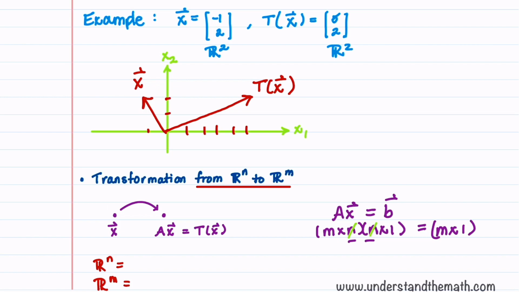So we can say that x is an element of Rn. That's x. And then we can say that b is an element of Rm because that's b. This then tells us that Rn, because x is an element of Rn, is the domain of our transformation.